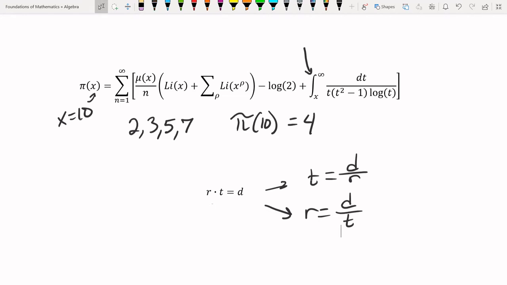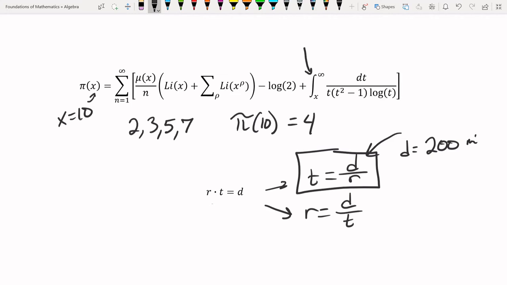To actually solve a formula equation, if the formula is already solved for the variable you want, in this case let's say we wanted time here, we would use this formula right here. We would have to know what distance and rate are. So let's say distance was, I don't know, 200 miles, and the rate of travel was 60 miles per hour.